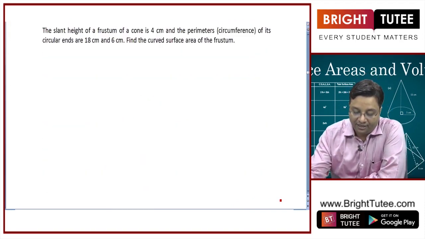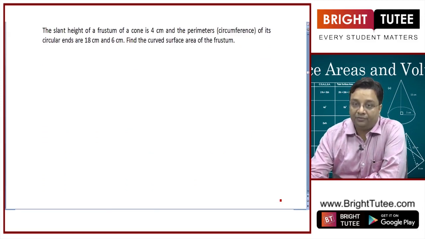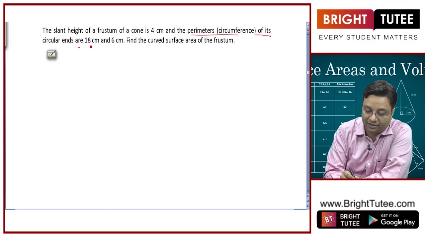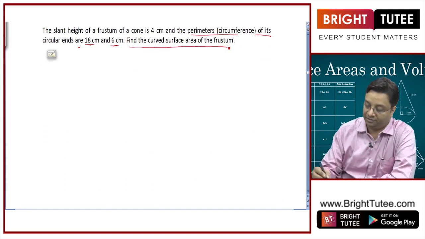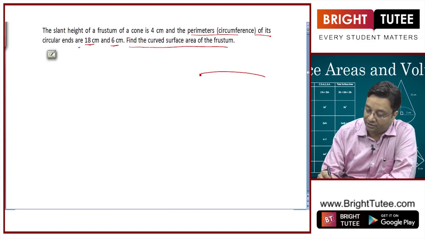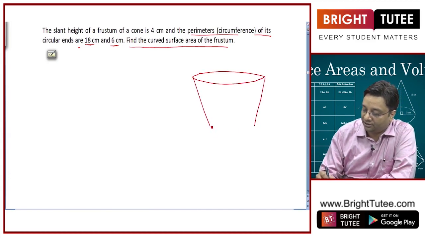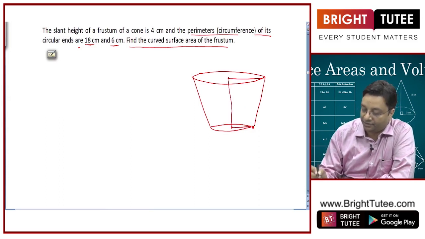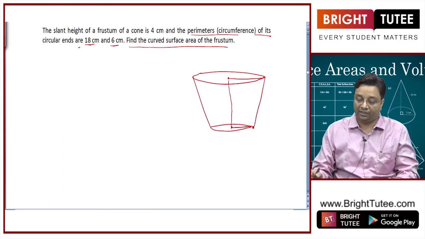The slant height of a frustum of a cone is 4 centimeter and perimeters of its circular ends are these. Find the curved surface area of the frustum. So it has a little twist in the question that the circumference is given for both the ends. So we know the circumference is equal to 2 pi into radius. So we will calculate the radii.